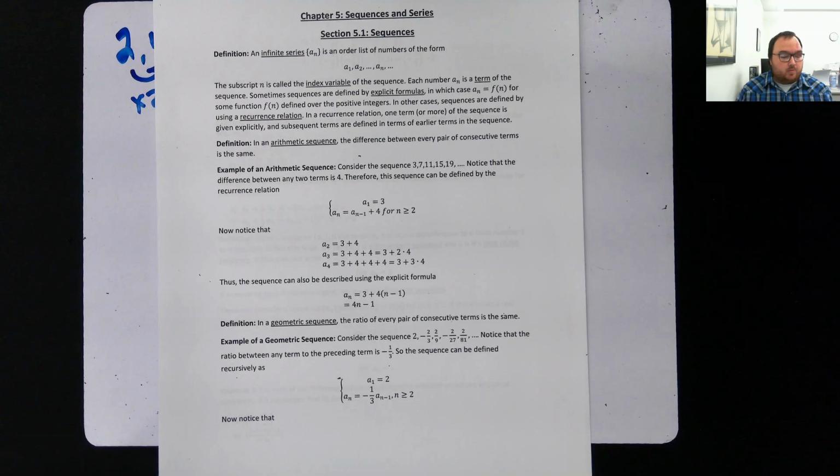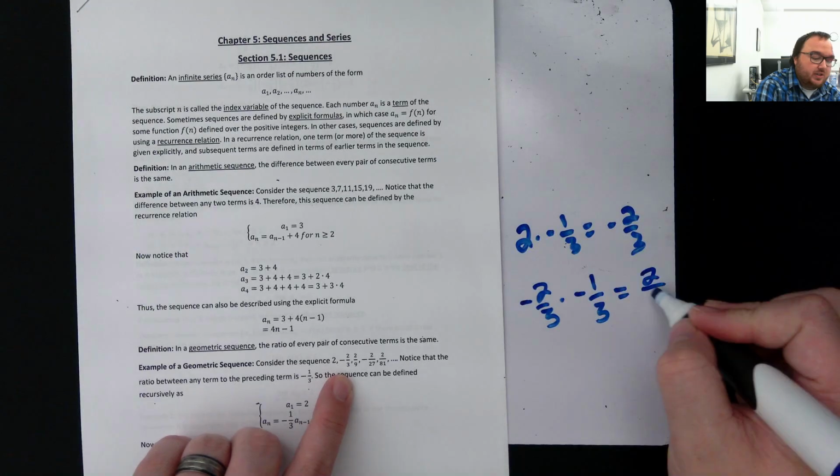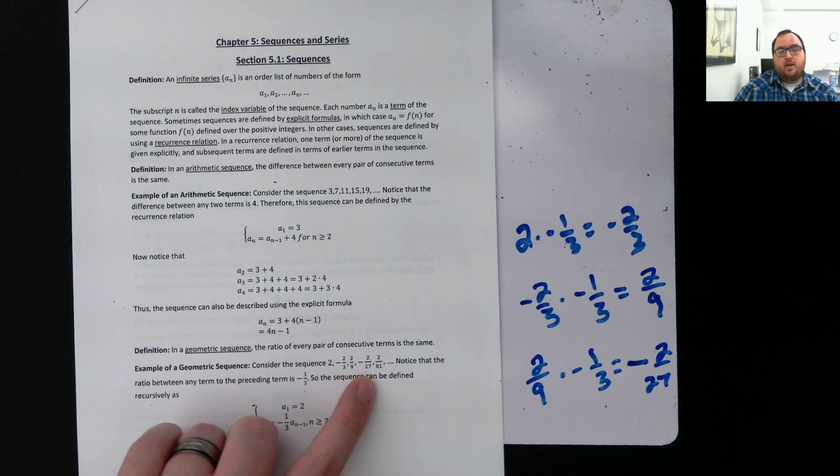If I did negative 2/3 times negative 1/3, that would make it positive. 2 times 1 is 2, over 3 times 3, which is 9. So 2/9. If I did that times negative 1/3, that'd be negative. 2 times 1 is 2. 9 times 3, 27. On and on. So because of that, this is geometric.